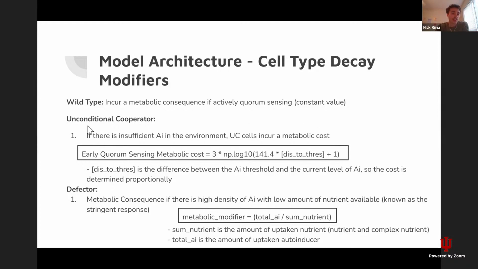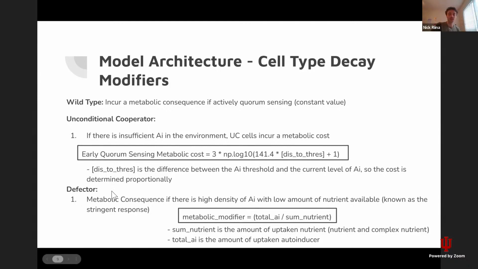Then we have the unconditional cooperator. We have an autoinducer threshold that says when this threshold is reached, quorum sensing now has a metabolic benefit. Before that, we add this extra metabolic cost to the unconditional cooperators. We used a log 10 equation that was really just fit to the behavior we wanted to see.